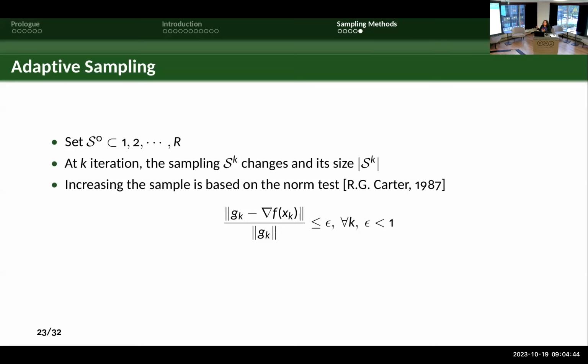So maybe you start with 1. And then we can take this norm test, since we have that gradient that we calculate. I think we just used the gradient from 2 previous iterates, and we measure that each time. If it doesn't satisfy the test, we add more samples, and then we continue from then on.